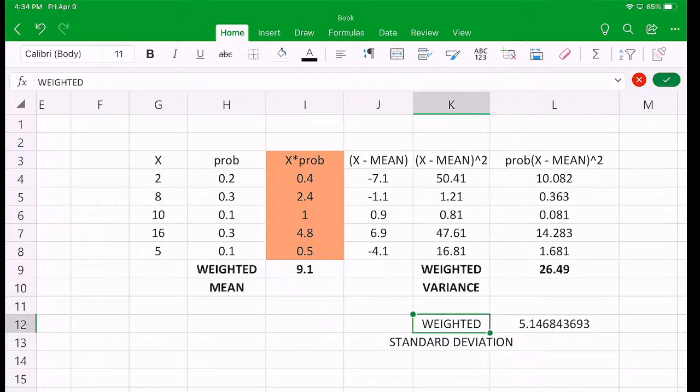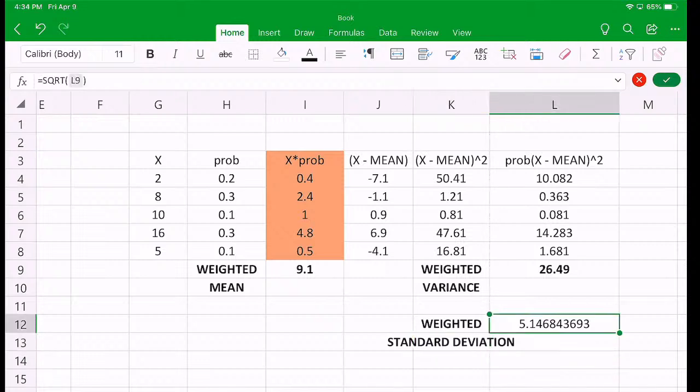Now our numbers look dramatically similar to what we had before, but we arrived at them with a different methodology, okay? A different method, because the data was not like the other data. Each value, each observation had a different likelihood of appearing.